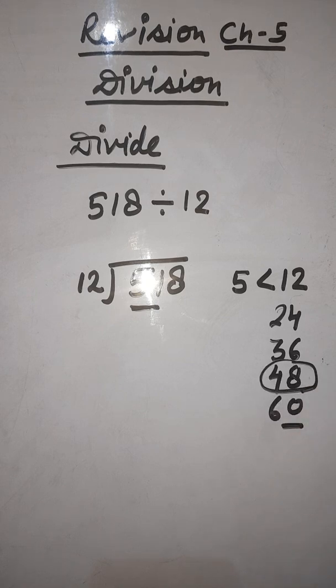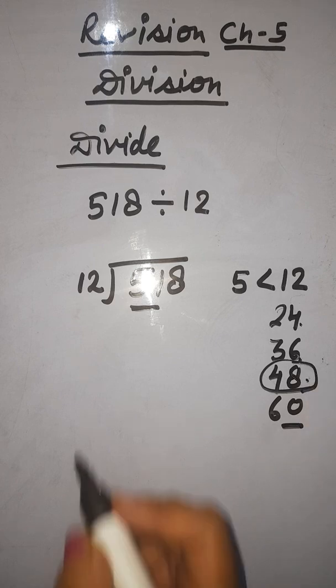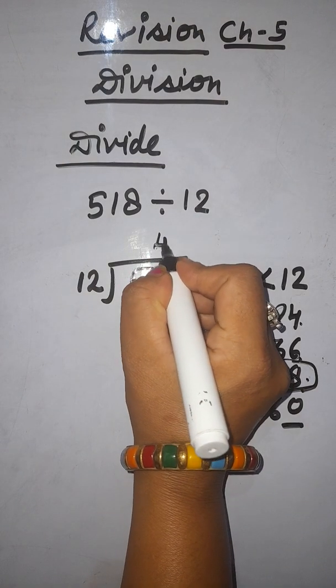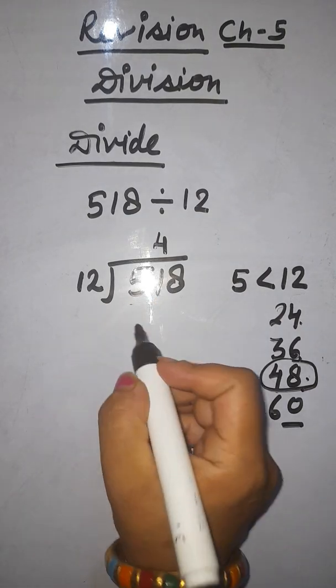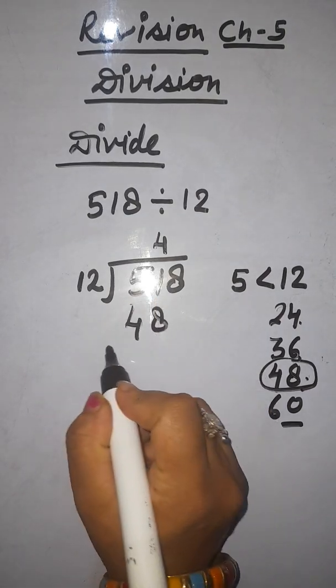So 48, in which times will we write it? 12 ones are 12, 12 twos are 24, 12 threes are 36, 12 fours are 48. So we'll write here 12 fours are 48.